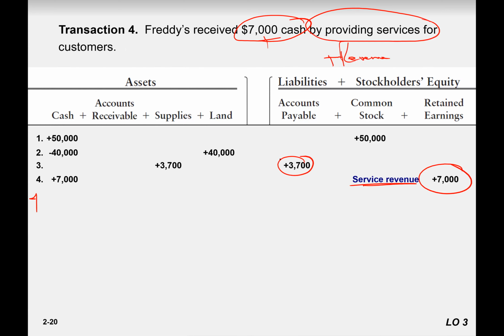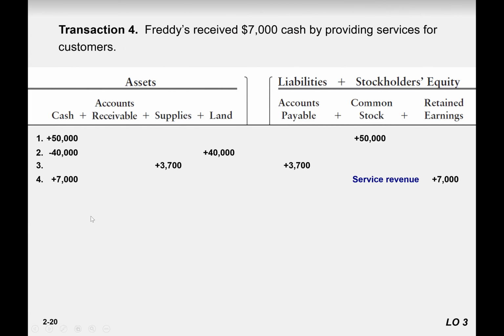In notes payable, you say, okay, not only will I be paying you 3,700 in 30 days, but I will also be paying you 30 days of interest, maybe $20 extra, because I'm using your money. So normally, when you have a good business relationship, you don't write notes payable, because business has some kind of trust and reputation. But in big businesses, it happens.